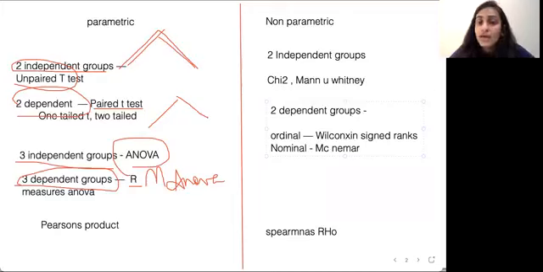Again, if it's two independent groups, non-parametric, let's say they give you a question, can you tell what is the best test for two independent groups, non-parametric? They don't mention nominal, they don't mention ordinal. What will you give?